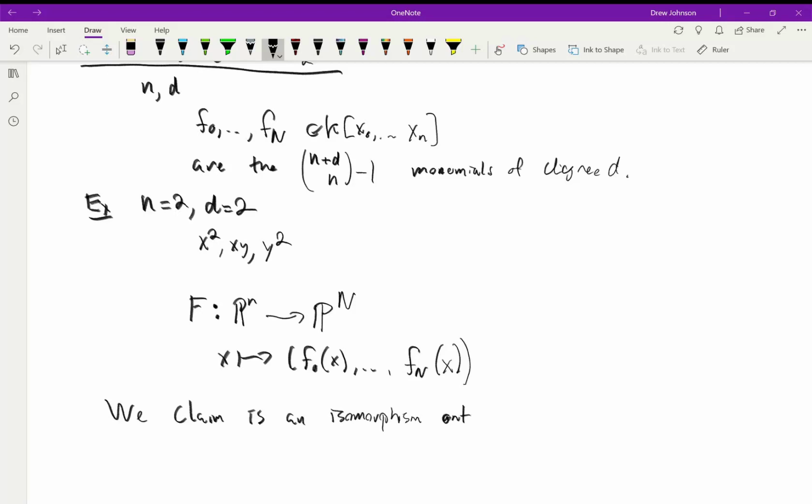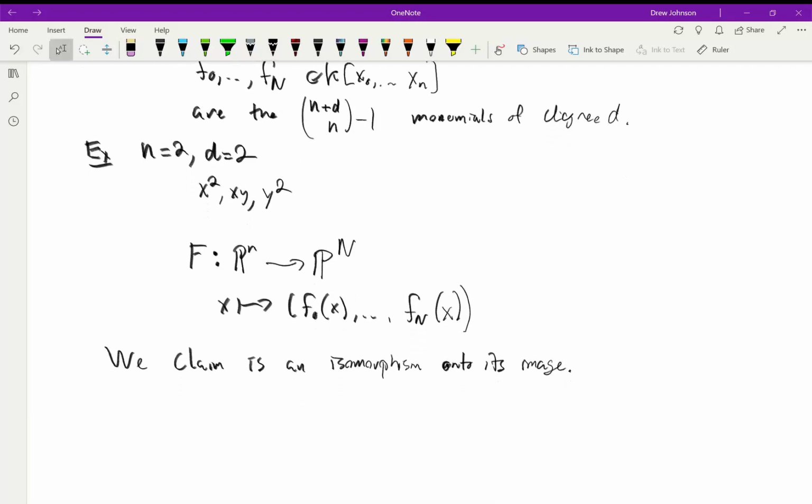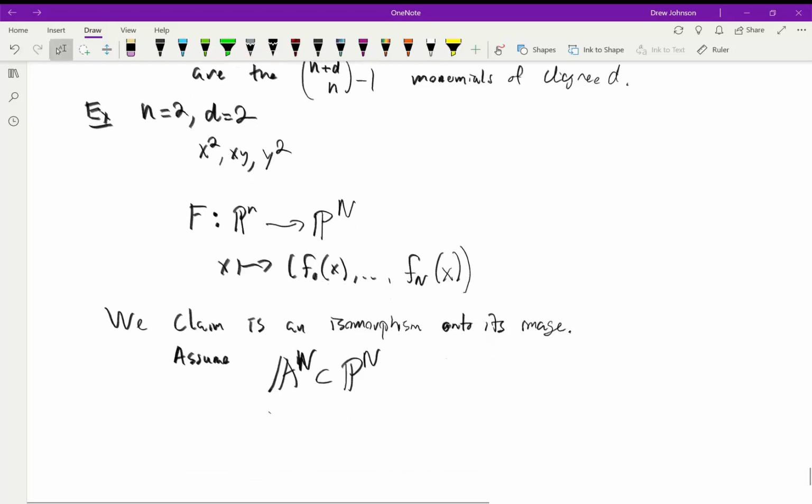Onto its image. How can you see that? Well, we can try and find the inverse. Let's just find the inverse on an affine patch. So let's assume that we are on a capital N contained in Pn, where the coordinate corresponding to x0 to the d is not equal to 0.